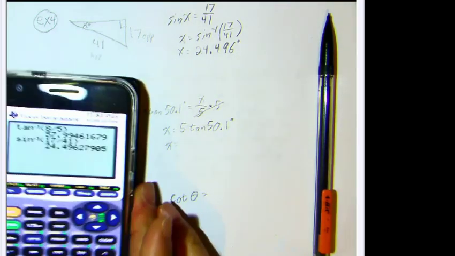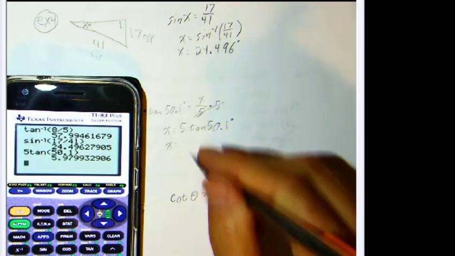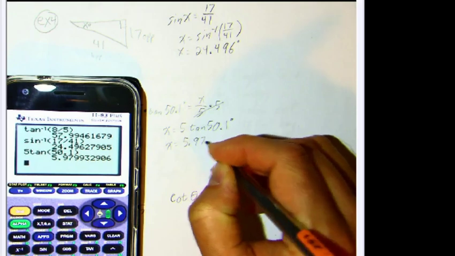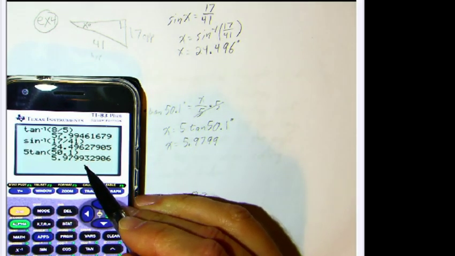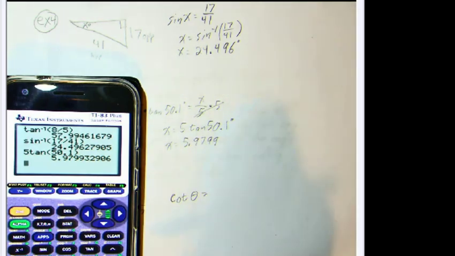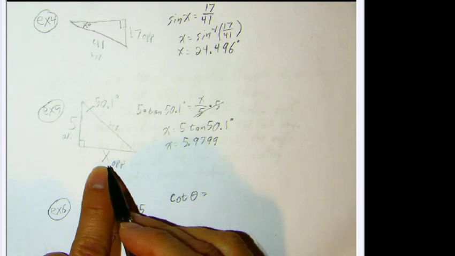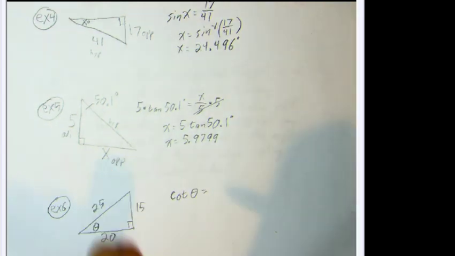So we type that in. 5 tangent 50.1. We get x equals 5.9799, and then the next digit's a 3, so it rounds down. So it stays this. And that's not degrees, that's a side length, right? This x is a side, not an angle, so we do not put a degree symbol on that.